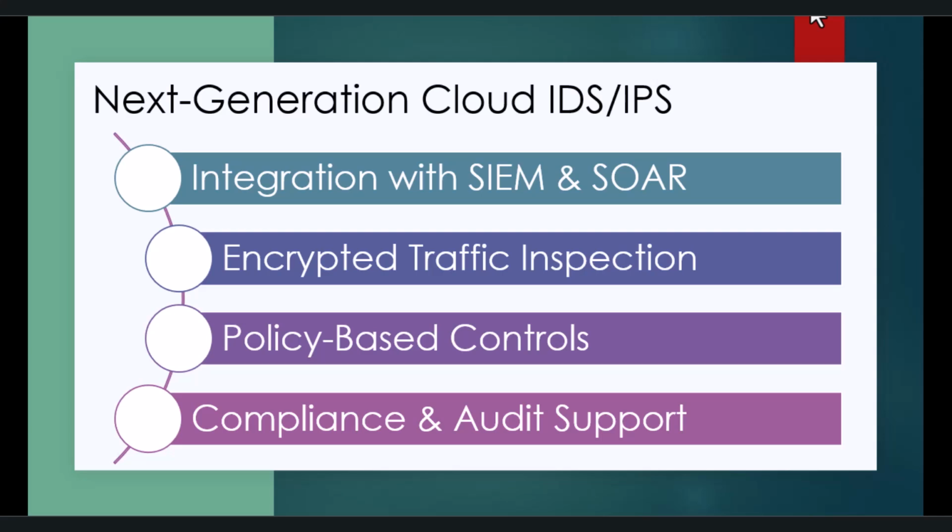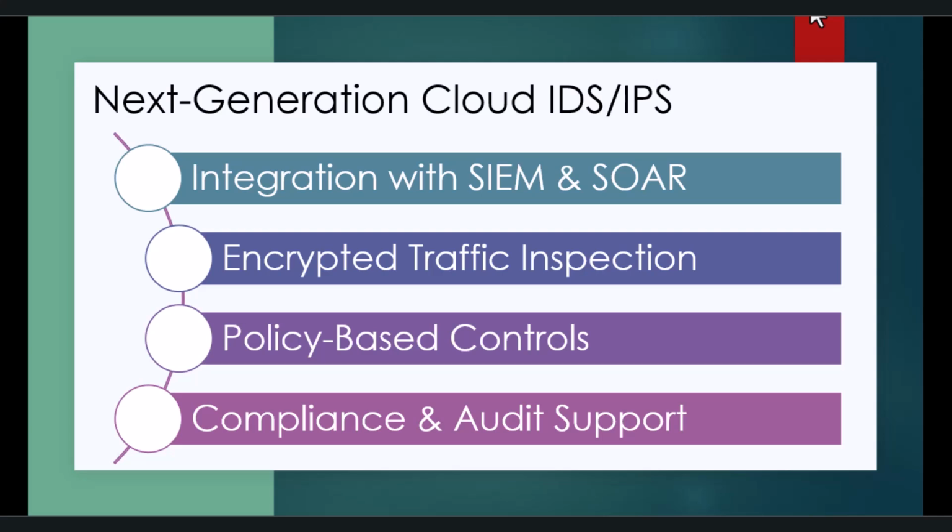Policy-based controls, allowing granular control over traffic flows, user behavior, and application access, supporting adaptive policies based on threat intelligence and risk scoring, such as the CVSS, part of the NVD database from MITRE.org, and, of course, compliance and audit support. The next topic is protection for distributed denial-of-service attacks in the cloud.